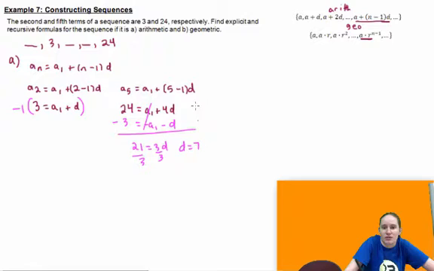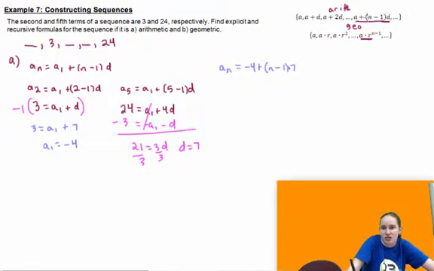So that's the common difference, and I can plug back in over here to get a1, because 3 equals a1 plus 7, so subtract 7 over, and you get a1 equals -4. So both of these things now help me write the explicit formula: a of n equals -4 plus n minus 1 times d, which is 7.